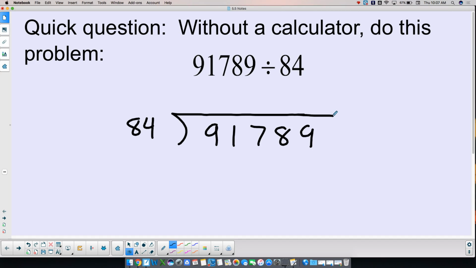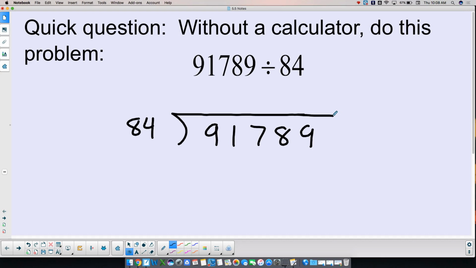Okay. Now what? See how many times 84 goes into 91 first? Into 9 first. I look to see if the outside number can divide into my first digit.